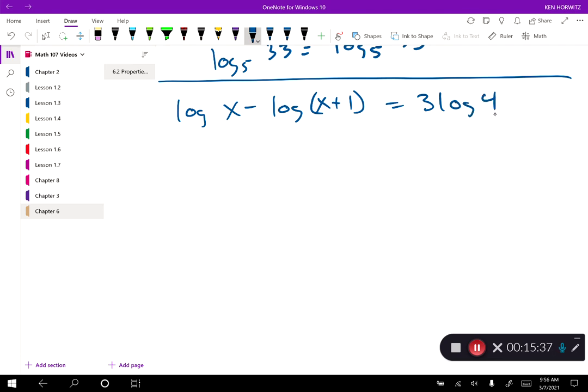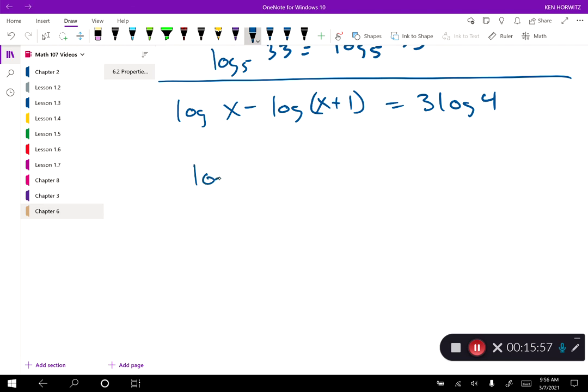So now on the left side of my equation, I'm going to use my quotient property. On the right side of my equation, I'm going to use my power property. You don't have to do the same thing to the left and the right. We're just using a property of logs. We're not changing the value of the equation. We're just using a property to make it more pleasing.